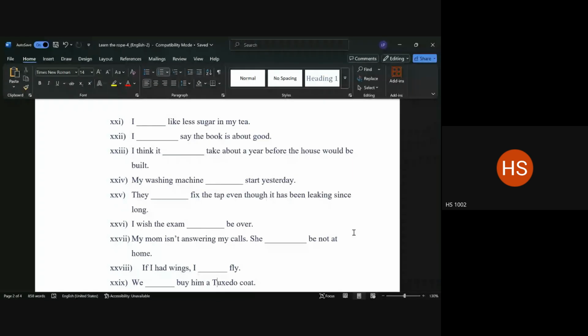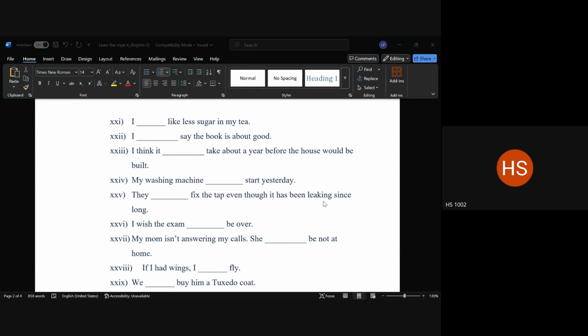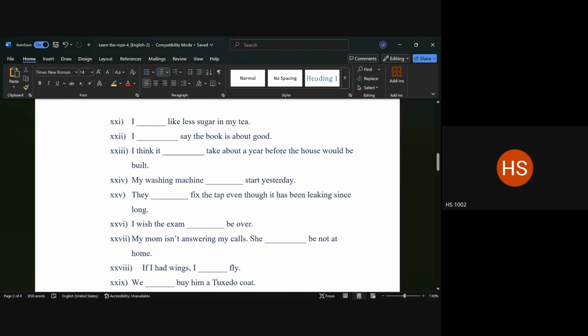It would take about a year before, yes, that's also possible. If you're using could to indicate possibility, may and might automatically become a choice. Would can also go in.